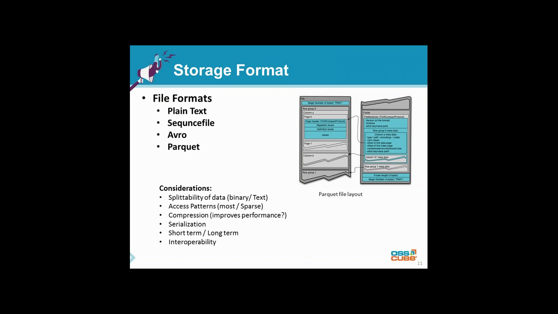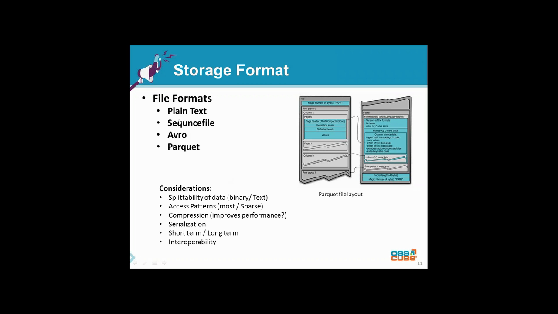You choose a better serialization, and the data transfer between the nodes will be very, very efficient. Whether you're going to store the data long-term or short-term is another aspect that you have to keep in mind. And interoperability is another aspect. The data that is generated in one system needs to be used on another system, right? So in such cases, you also have to choose a file format which is interoperable, right? So these are some of the considerations that you have to take.